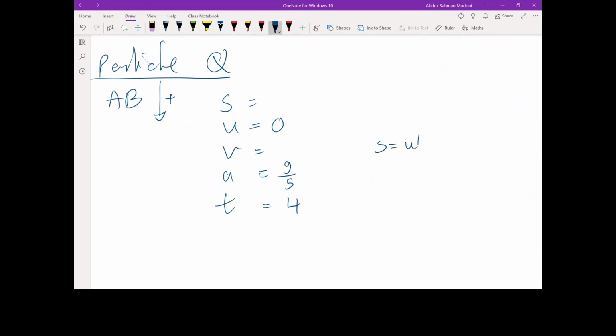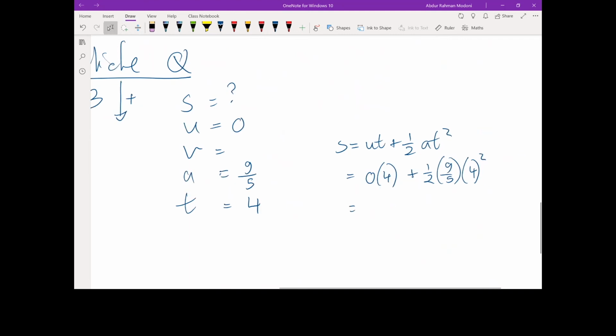Yep, s equals ut plus half at squared. u is 0, so s equals half times g over 5 times t squared. So s is equal to 16g over 10.